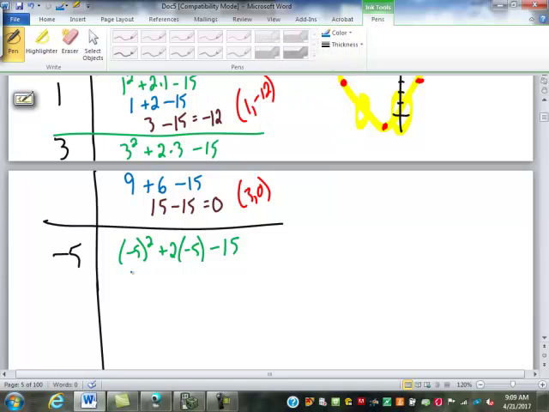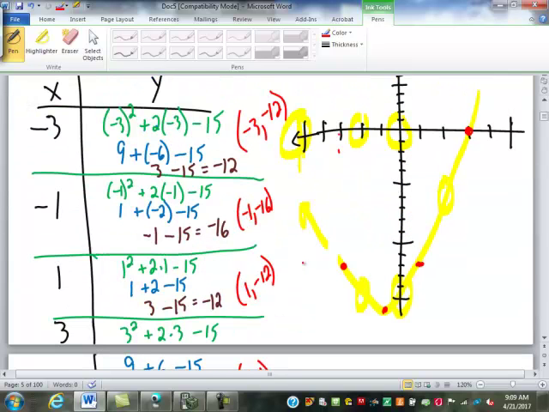Negative 5 squared is 25. 2 times negative 5, negative 10, and then minus 15. 25 plus negative 10 is 15. And 15 minus 15 is 0. So we've got negative 5 comma 0. Puts us right here.